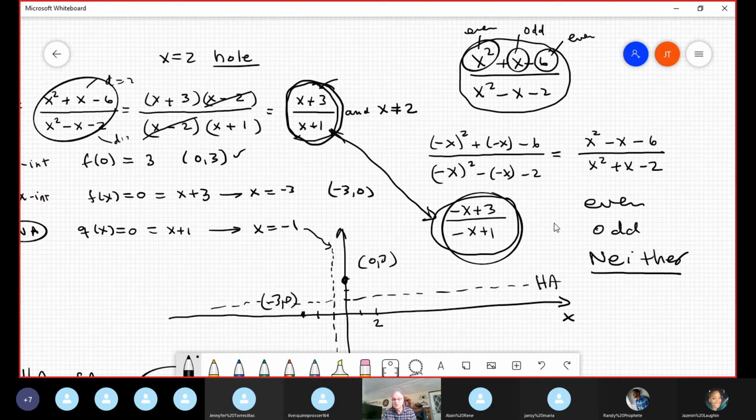And remember, even is the function that is symmetric with respect to the y-axis, and odd is the function that is symmetric with respect to the origin. And the crazy combination gives me neither. Is it clear or confusing? Come on. Clear or confusing?